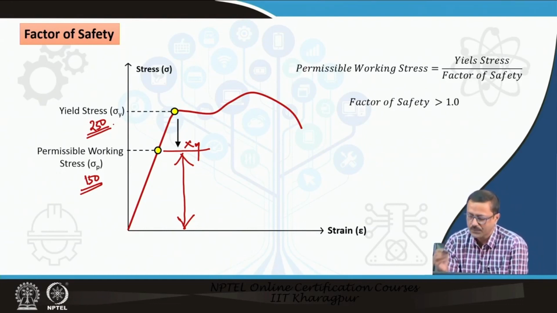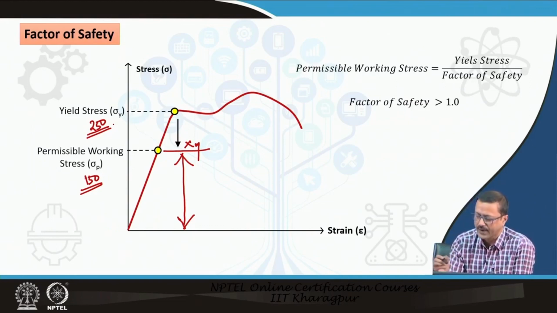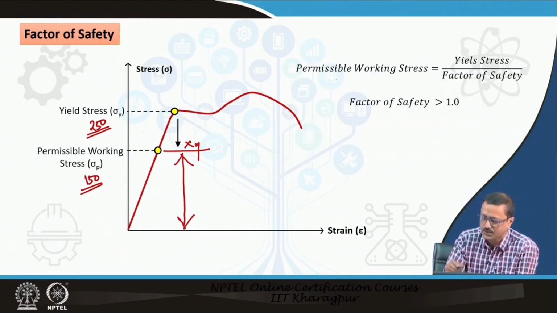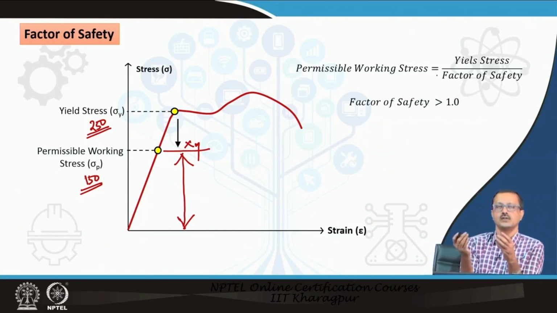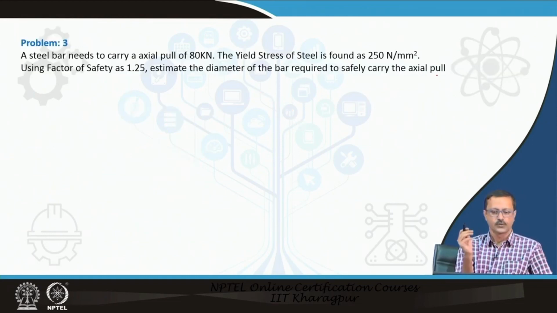So, the ratio between the yield stress and the factor of safety is called the permissible stress. Suppose we have the yield stress, we divide that by a factor of safety which is definitely more than 1, such that the permissible working stress will be less than the yield stress. So, from that point of view, let us discuss a problem and we will understand it better.